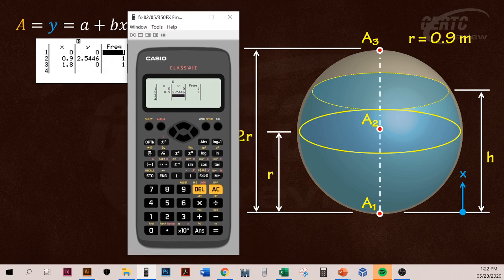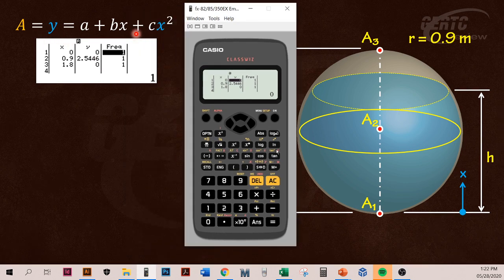So ito yun. Next, when x is 2r, which is 1.8, the area is 0. All right, that's very easy. You don't have to be a master to understand these inputs here. Then we are now ready to define ABC.